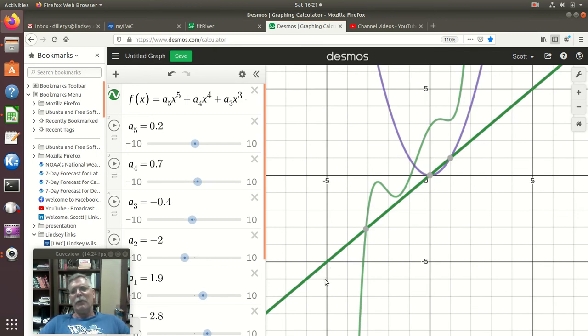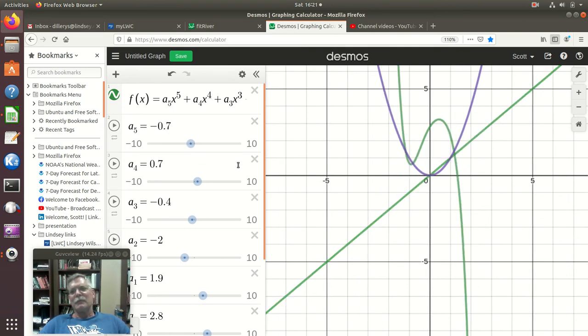It will either do that, or if this a is negative, so here our a5 is positive, and so it's behaving just like y equal x. Now make it negative, and now at the two ends, going out toward the large x's or going out toward the negative numbers that are large in absolute value, it acts like y equal negative x.